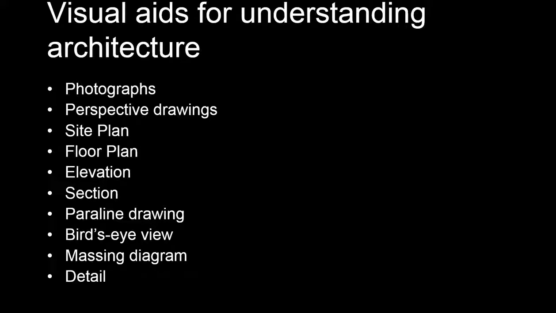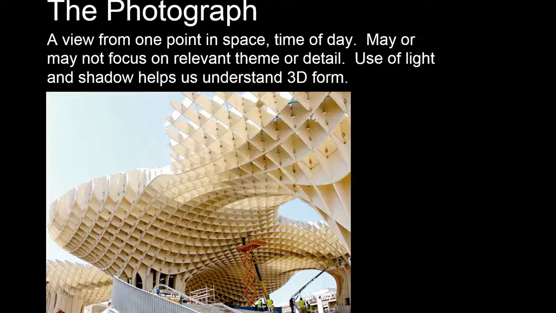All right, so let's go into this. Photograph. Believe it or not, this is a real building. This is not a rendering or something. See the cranes and the people down here lifting stuff up.